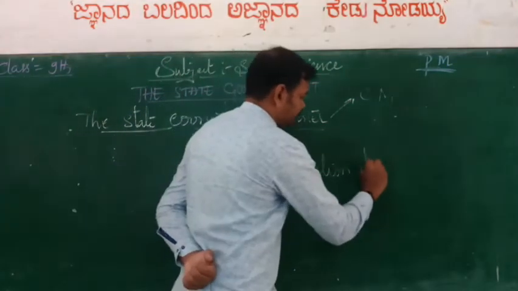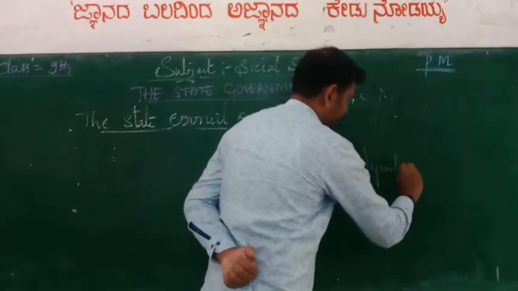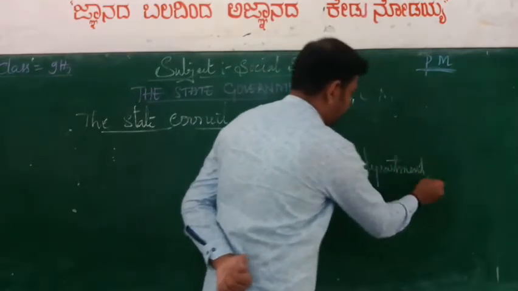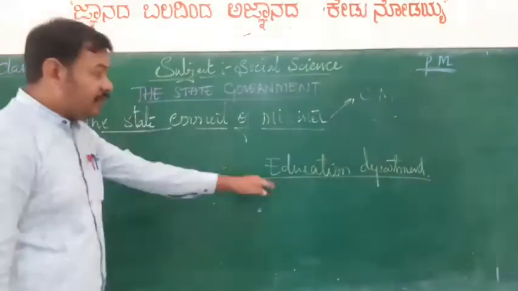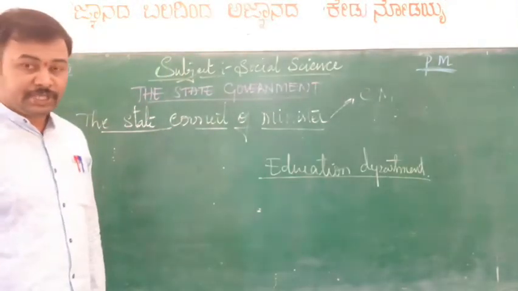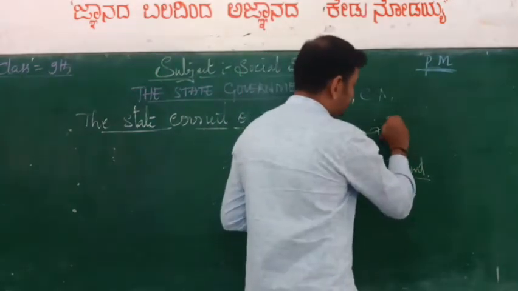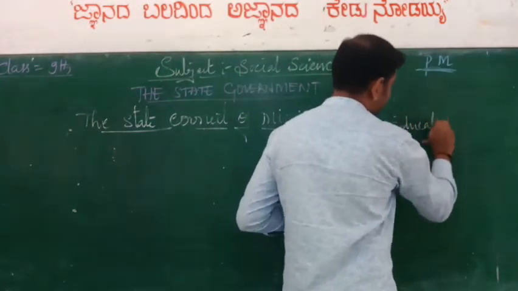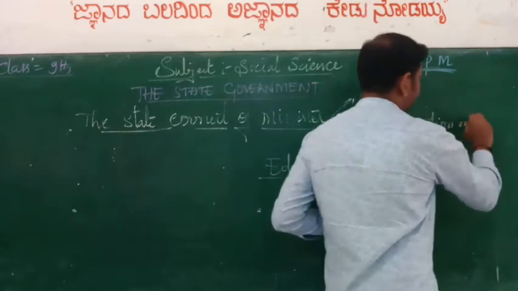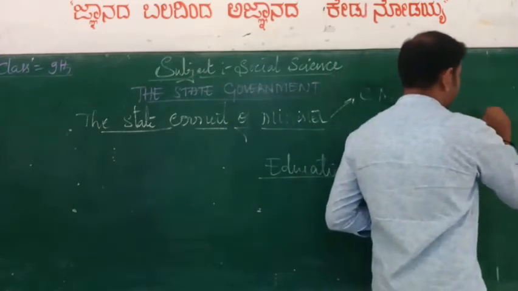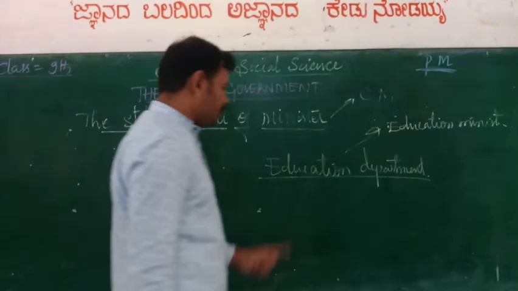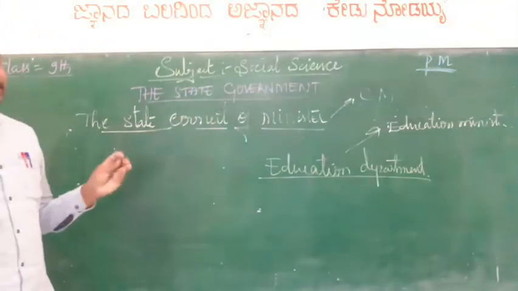See, who will be the head of the education department in the state? Yes, the education minister. The education minister will be the head of the education department for the whole state.